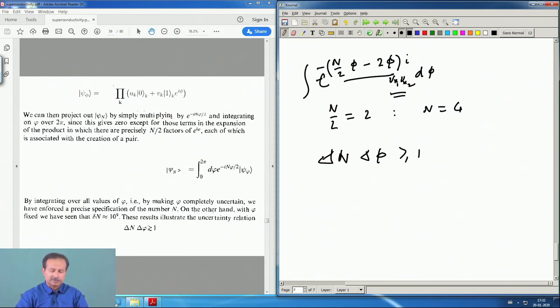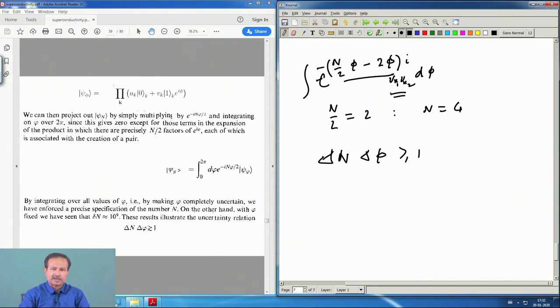This is probably the first instance where a number non-conserving wave function was used to study a problem, and it shows that the BCS wave function is a wave function with a fixed phase, whereas you can pick out the particular part of the wave function which has a definite number of particles, and that is how it is done.